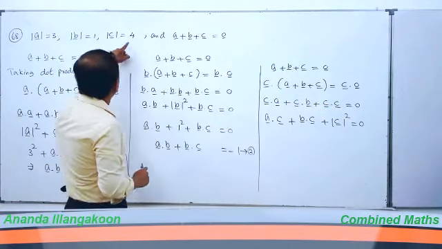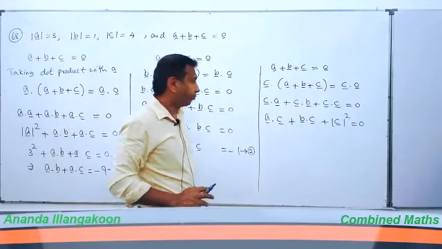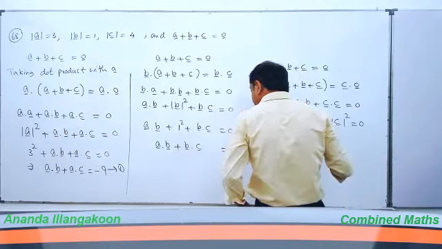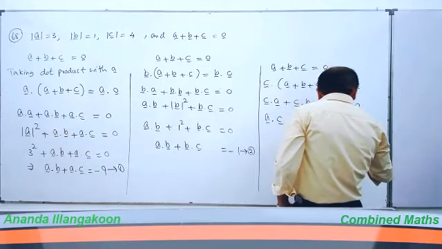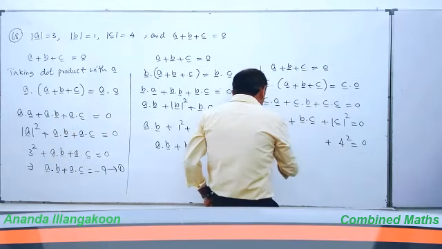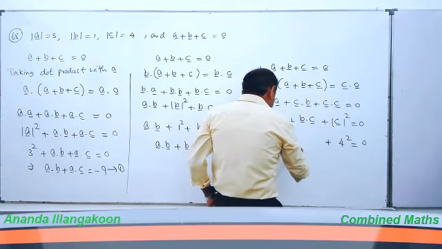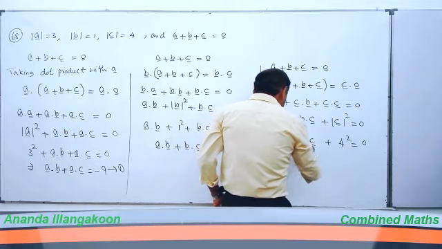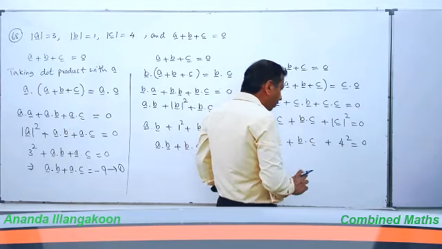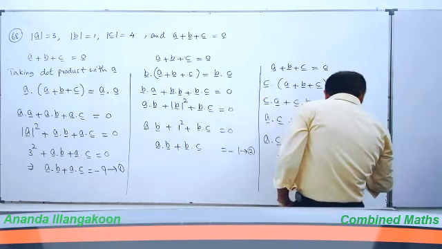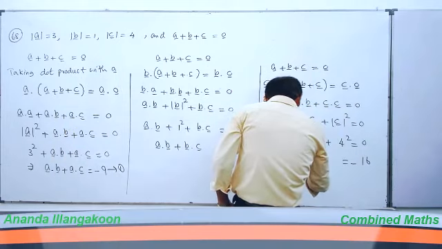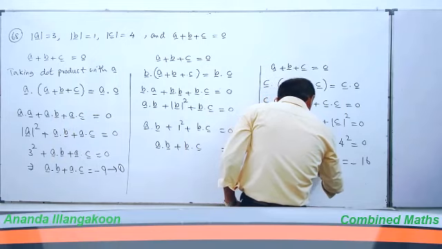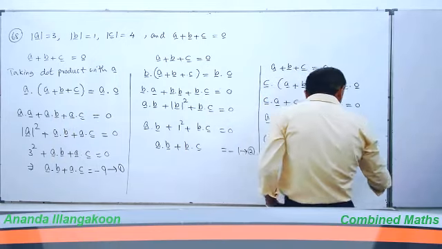Mod C is given as 4, so this is 4 squared, which is 16. Take that to the right hand side, that is minus 16. Then we get A dot C plus B dot C is equal to minus 16. This is number 3.